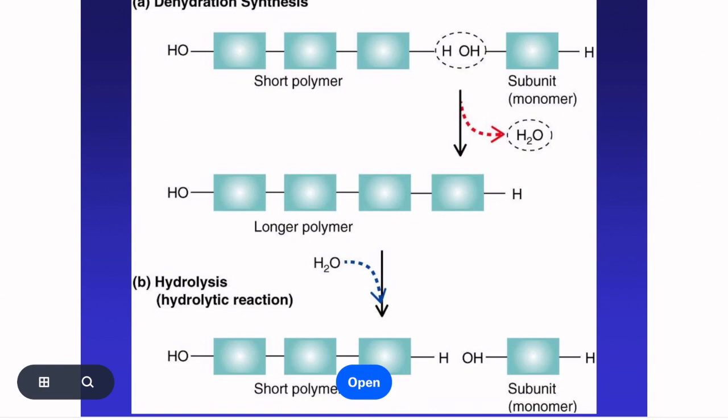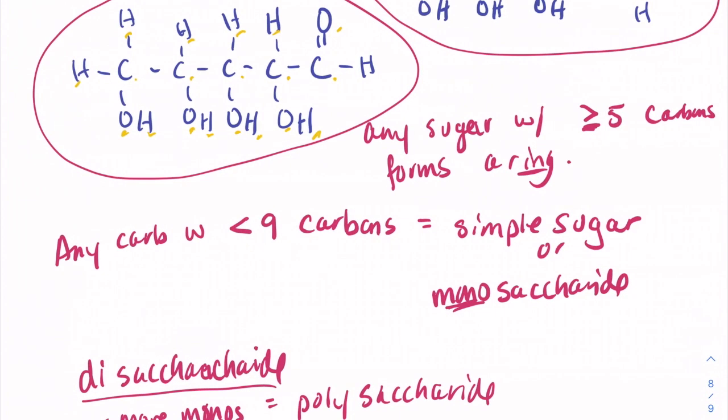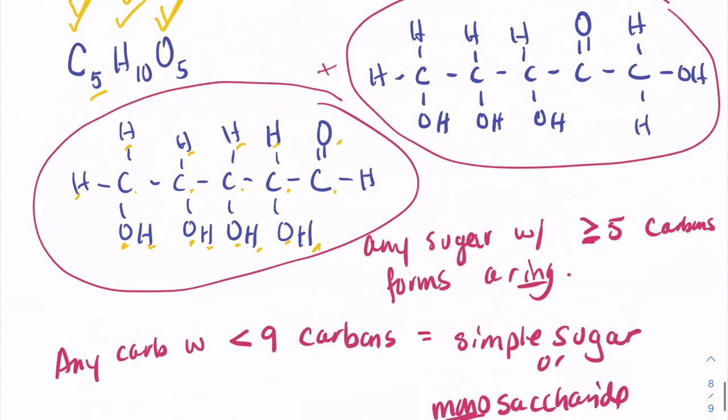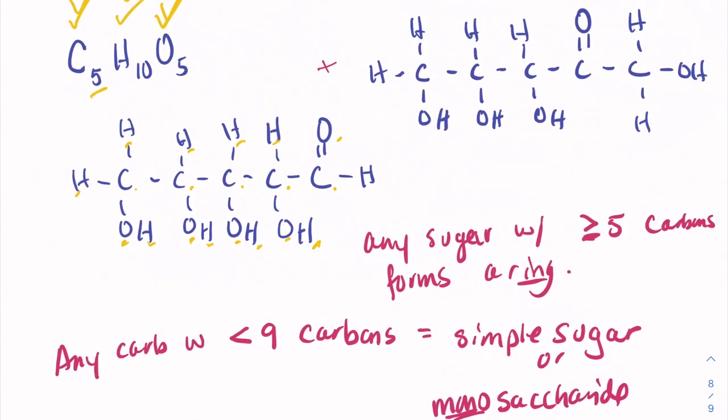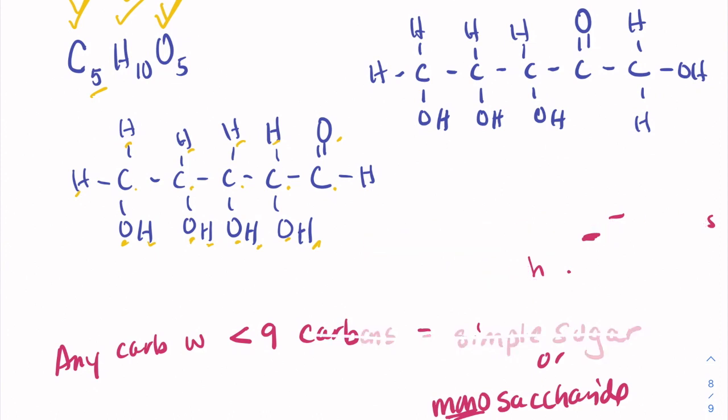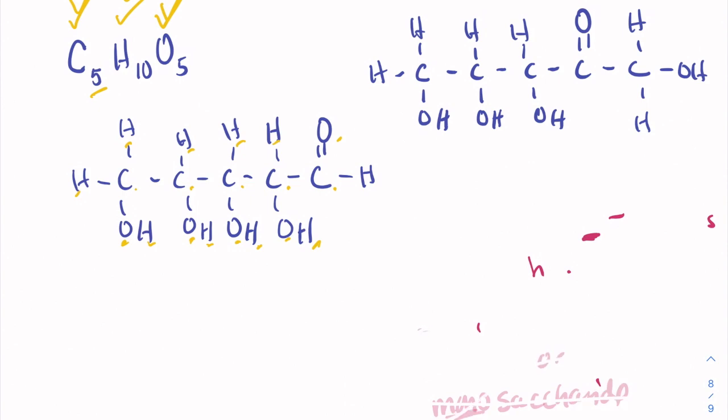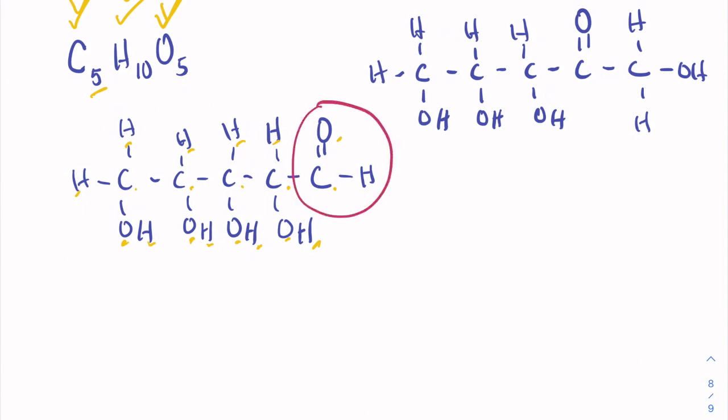Let me draw that out for you a little bit better. Okay, let's say, and I'm going to erase all this stuff here. Give us a little room here. How do we make a disaccharide? Okay. All right. Over here.